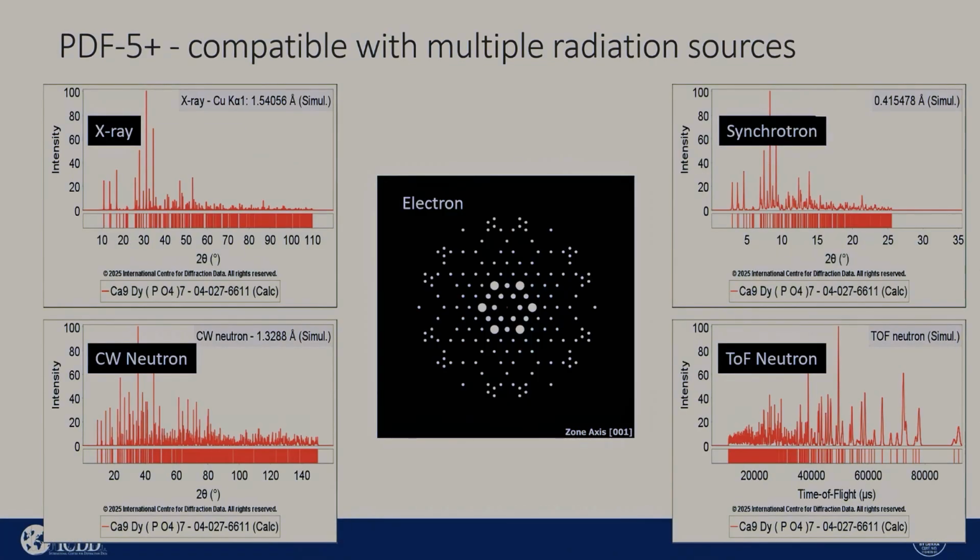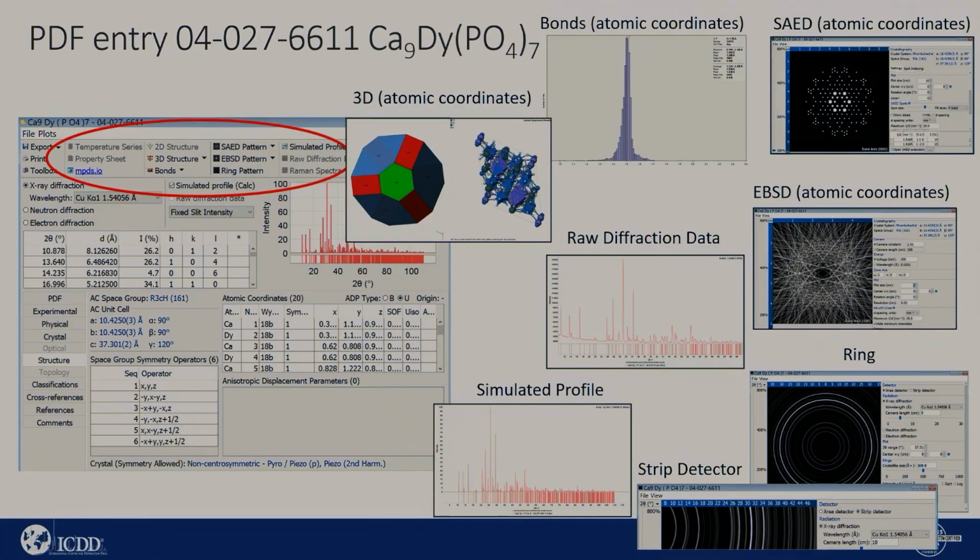You can be working with laboratory X-ray data, synchrotron data, even constant wavelength or time of flight neutron data, and when you have the atomic coordinates, you can simulate the electron diffraction pattern as well. So the flexibility is there beyond just the standard copper K-alpha lab X-ray source. Multiple sources are available to be used.